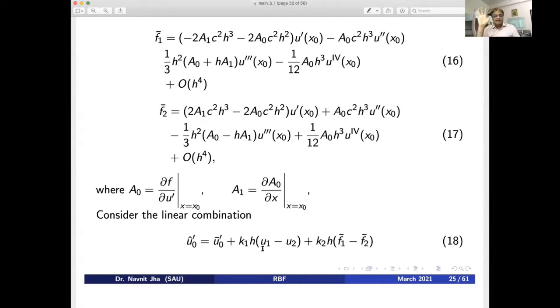So these are the three or four things available to us. With the help of the available information, we are going to update the derivative. So u1 minus u2 multiplied by k1 into h plus k2 into h, f1 bar minus f2.